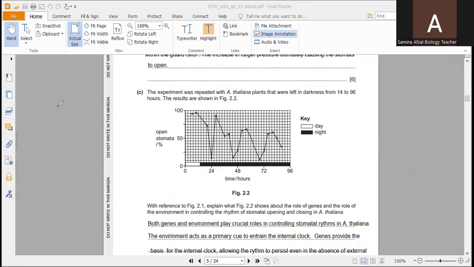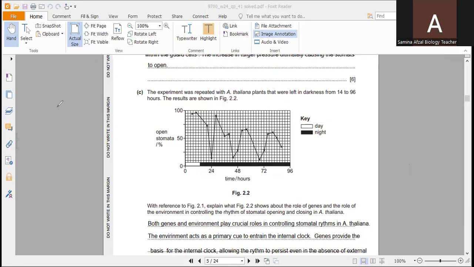So I would like to say that this observation shows our daily rhythm of stomatal opening, and we can see stomata open during the day, which shows clear with the white bars, and closed during the night, black bars. It means they are closed at that time.